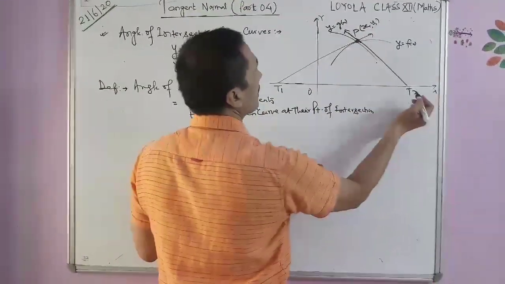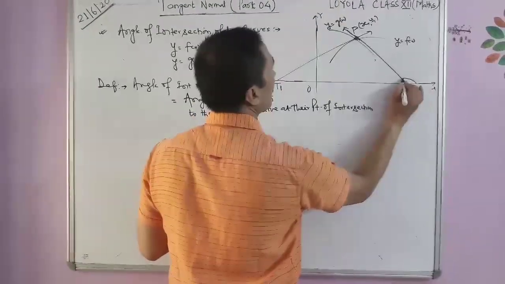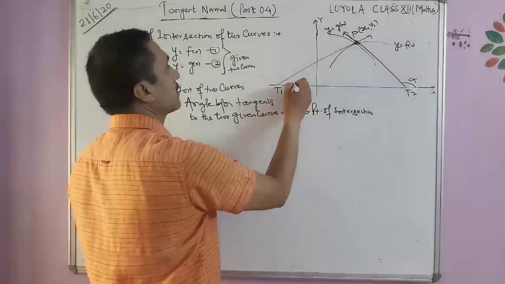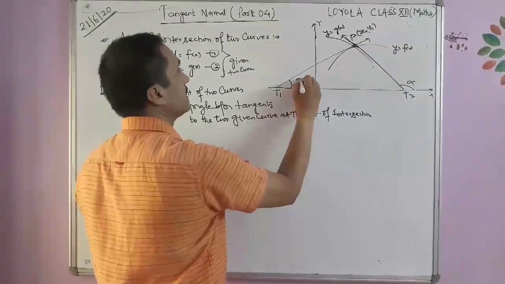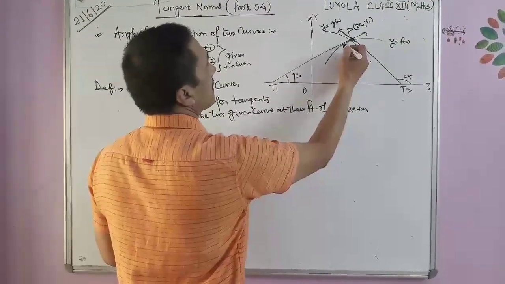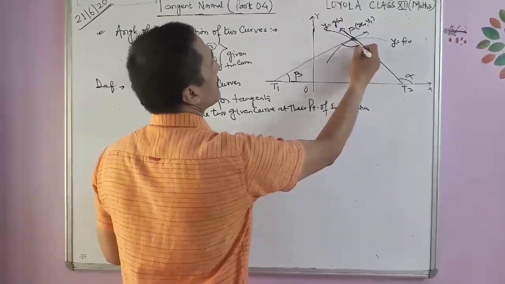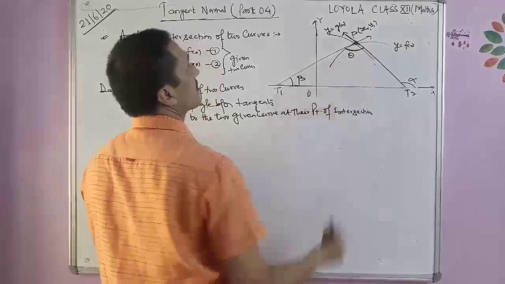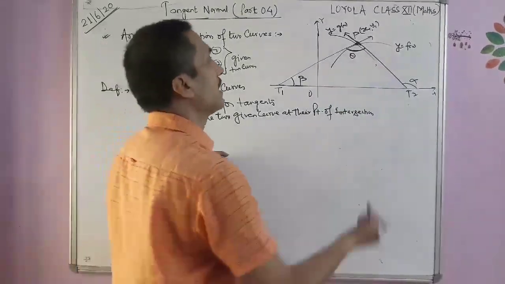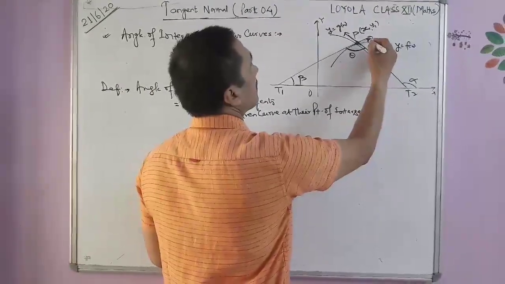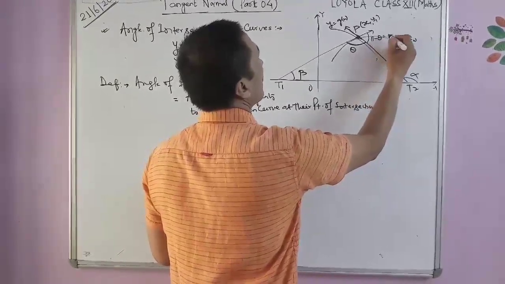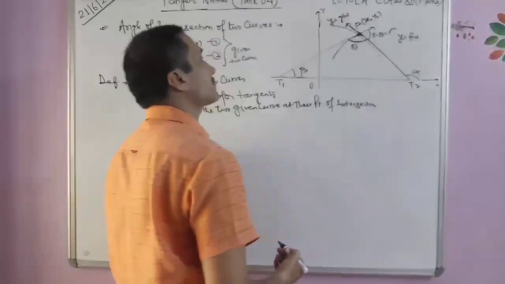Assuming inclination of this tangent with x-axis is alpha, inclination of this tangent is beta, and the angle between the two tangents, this is the angle of intersection of two curves. Assuming it theta, then the other angle will be pi minus theta, let it be gamma.